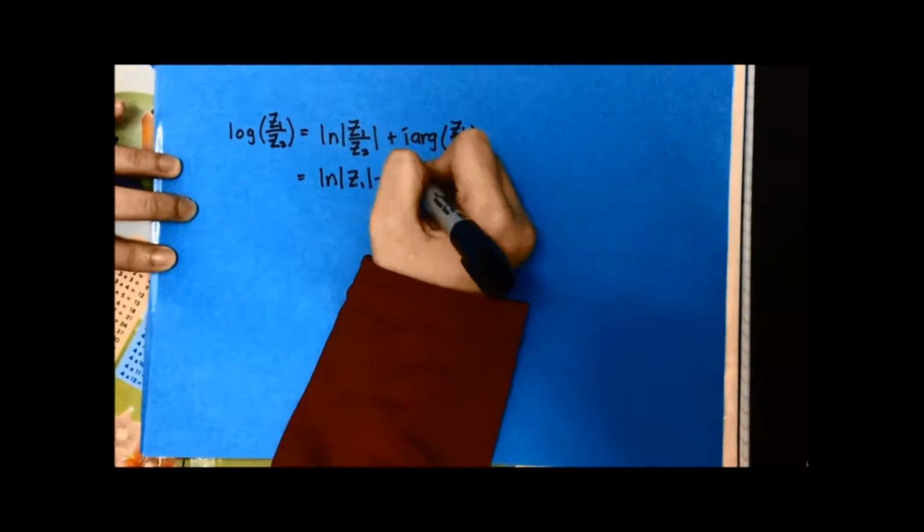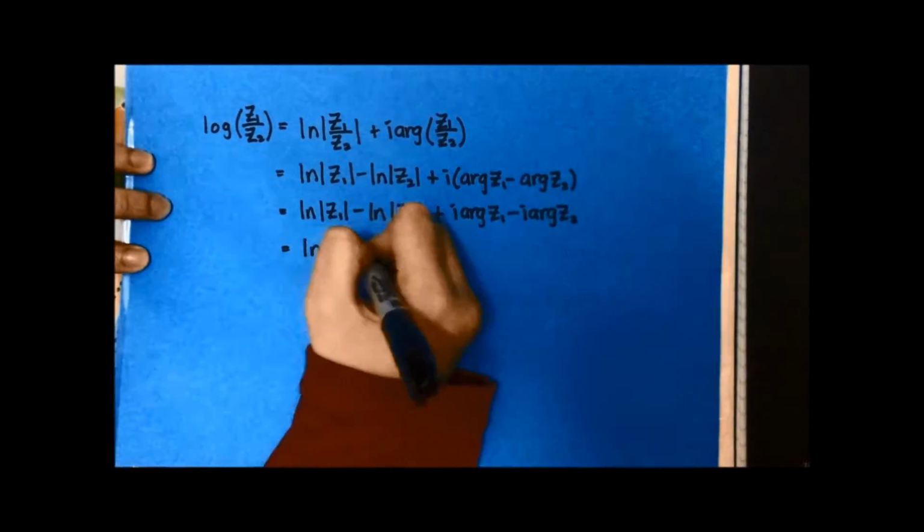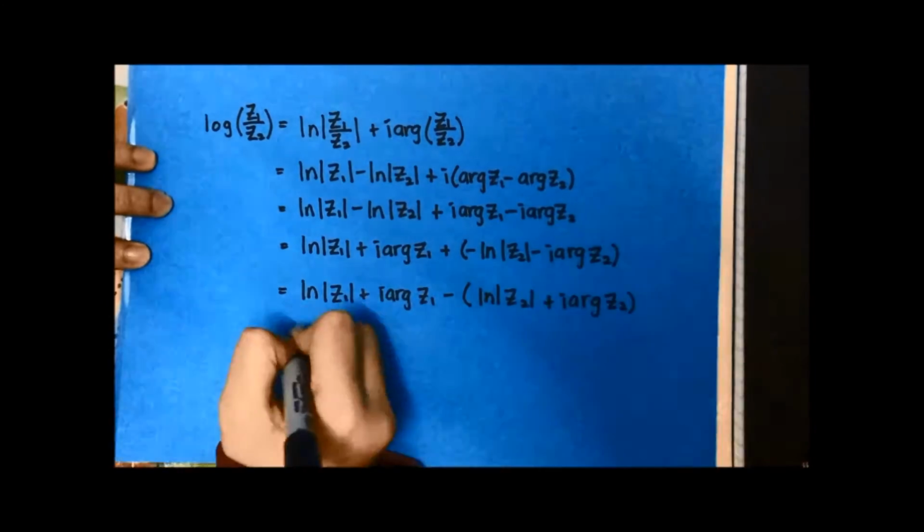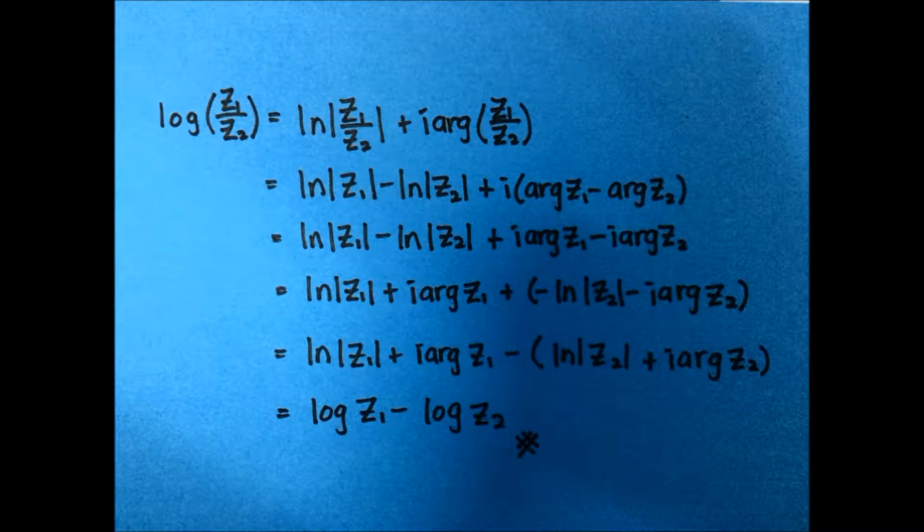Next, we verify log z1 over z2 equals log z1 minus log z2. Log z1 over z2 is equal to ln absolute of z1 over z2 plus i argument of z1 over z2. From ln absolute of z1 over z2, we can write further as ln absolute of z1 minus ln absolute of z2. For i argument of z1 over z2, we can write as i argument of z1 minus i argument of z2.